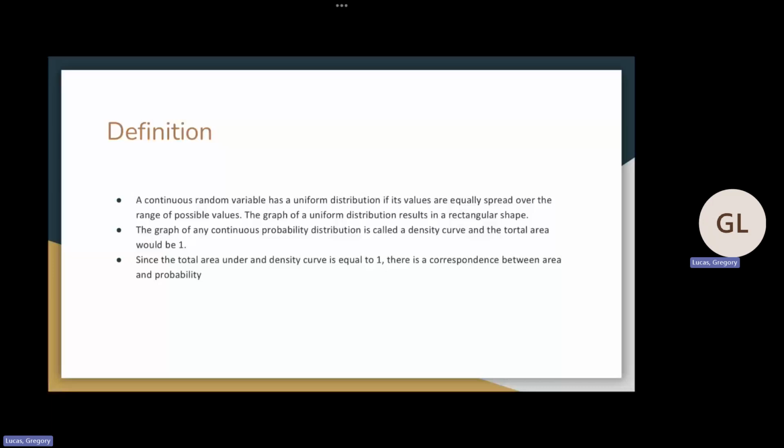So basically what we're going to do is take the geometry of the curve that we're dealing with, use the geometry to figure out what the area is under the curve, and then since there's a correspondence, we can take whatever that area is and determine that that is the probability.